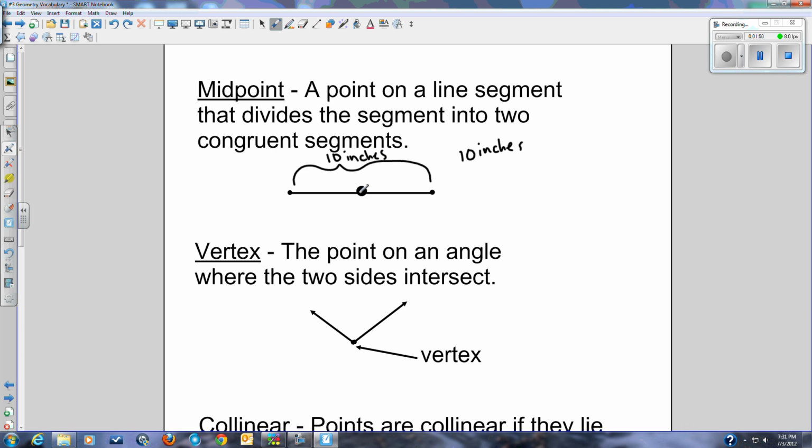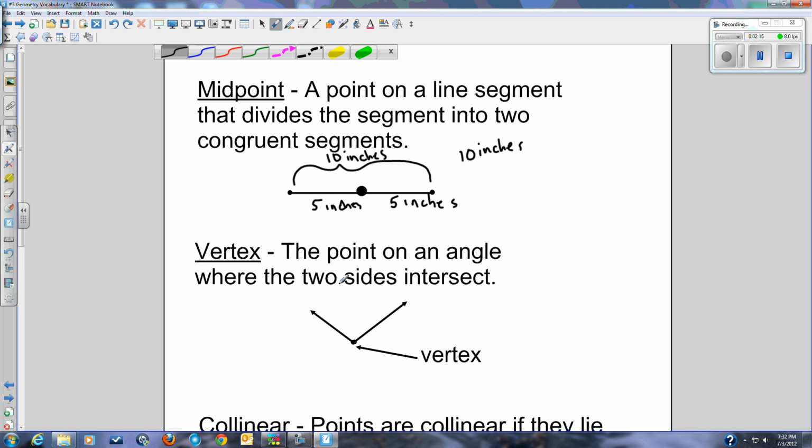If this big point here in the middle is the midpoint, that would mean that on each side of that point, it would be 5 inches. Because it would have to cut that segment right into 2 equal pieces, or congruent segments.